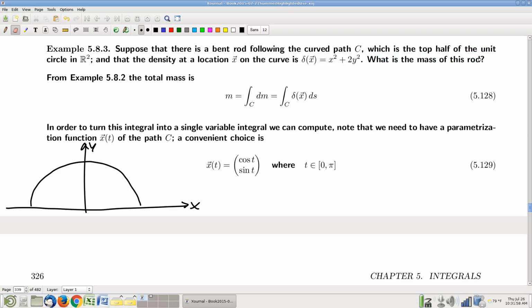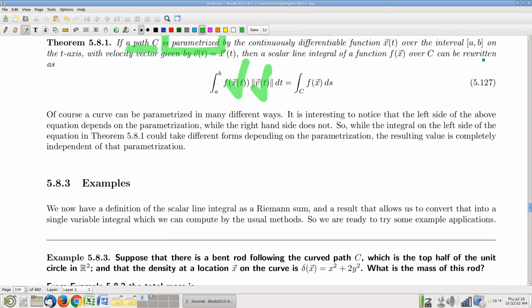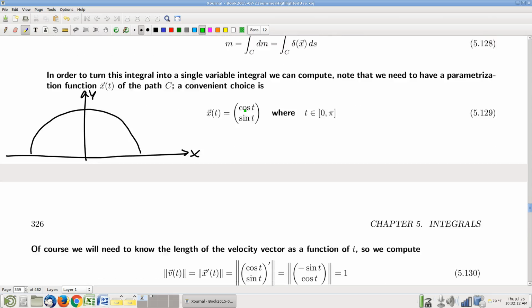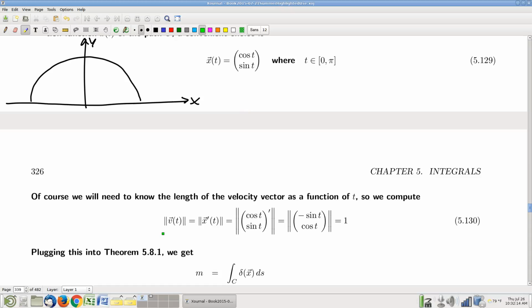Alrighty, details. Now our formula up here tells me I have to compute the velocity and then take the magnitude to get the speed. So the speed is our stretching factor. Magnitude of velocity. Well, velocity is x prime. So we take the derivative of this function, which of course we do coordinate-wise, which gives me this.